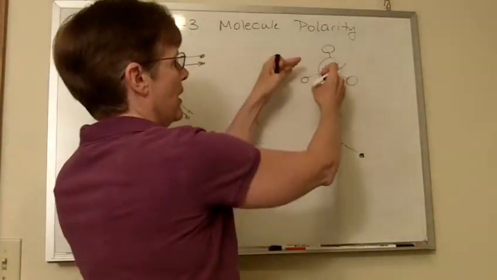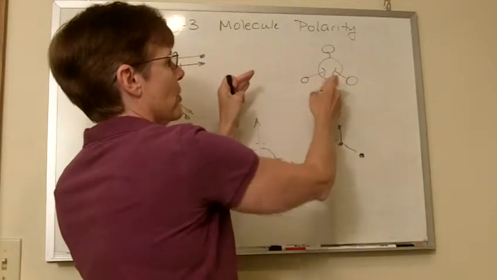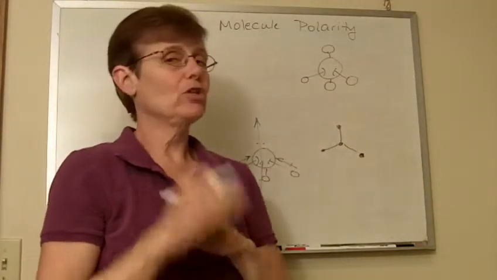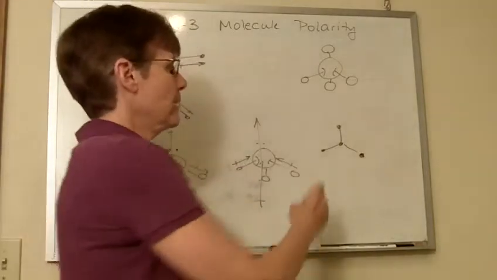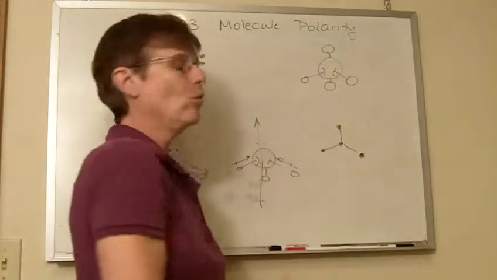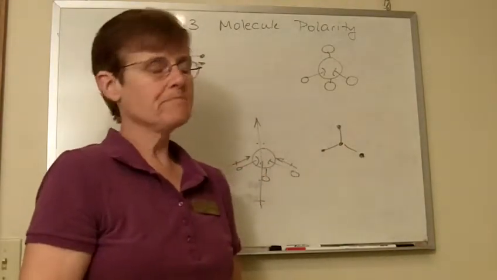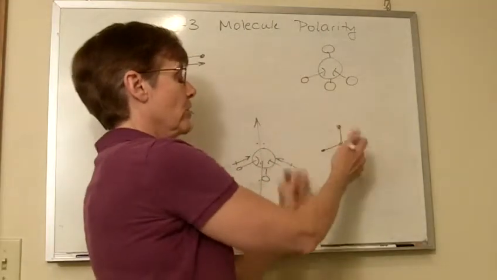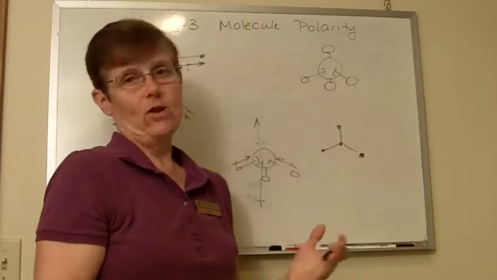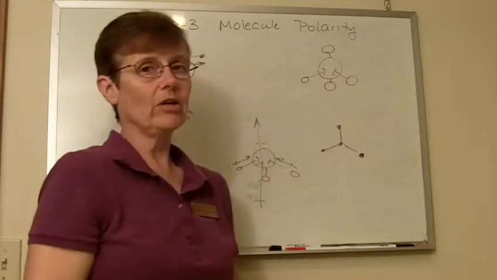Let's think about if all of these bonds are polar and all of the electrons are being pulled toward the outside atoms. Those are going to cancel each other out, not a polar molecule. Same thing's going to go on here. If all the electrons are being pulled outward, those are going to cancel each other out, not a polar molecule. If they're all being pulled inward, if these are all polar in the direction of the central atom, again, not polar.